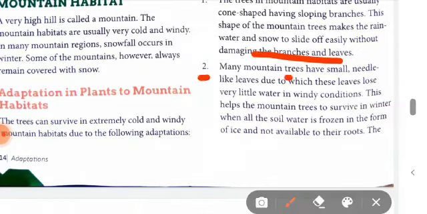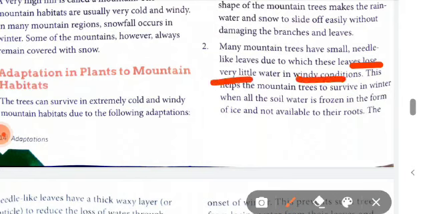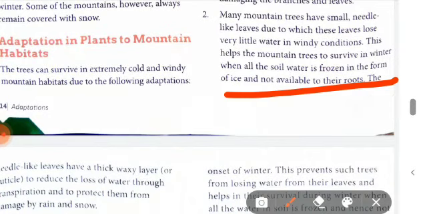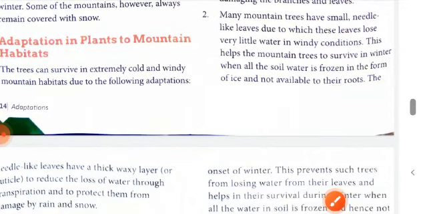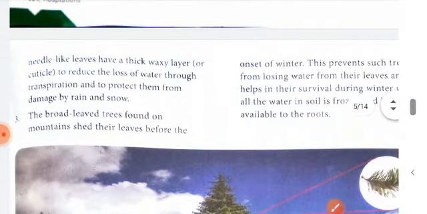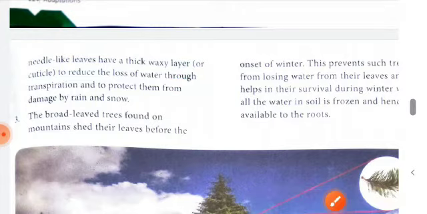Many mountain trees have small needle-like leaves, due to which these leaves lose very little water in windy conditions, and this helps the trees to survive in winter, when all the soil water is frozen in the form of ice and not available to their roots. And the needle-like leaves have a thick waxy layer to reduce the water loss through transpiration.